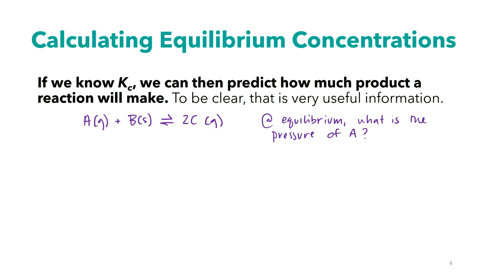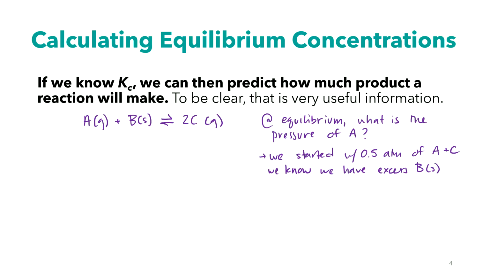We started with 0.5 atmosphere of A and C, and we know we have excess B, and Kp was 0.24.